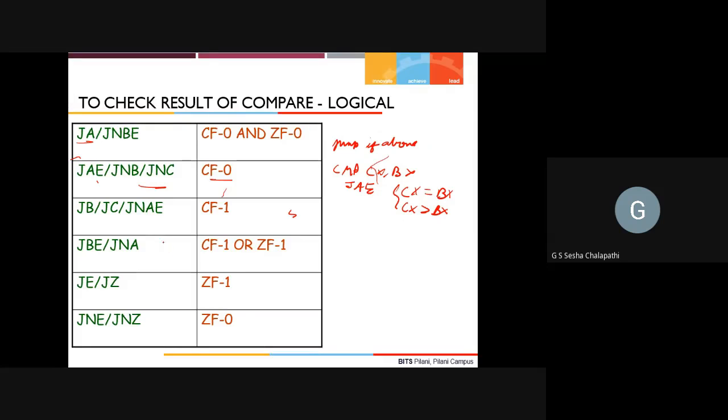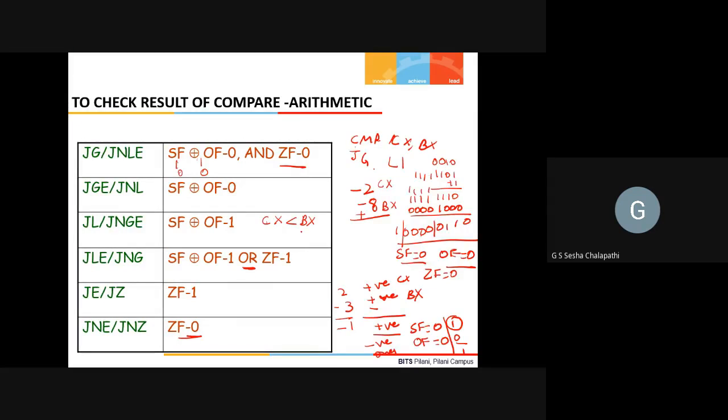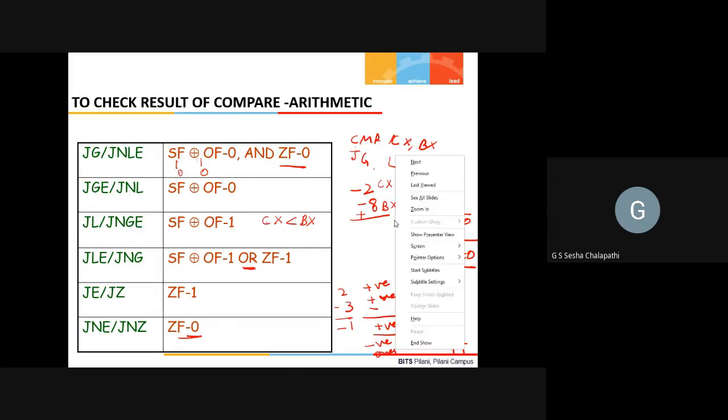Unsigned comparison. Yes, sir, but my observation has been that the carry flag is actually the XOR of the sign flag and the overflow flag, if you see in binary addition. Now, I'll tell you something. This is something I have done for our understanding.